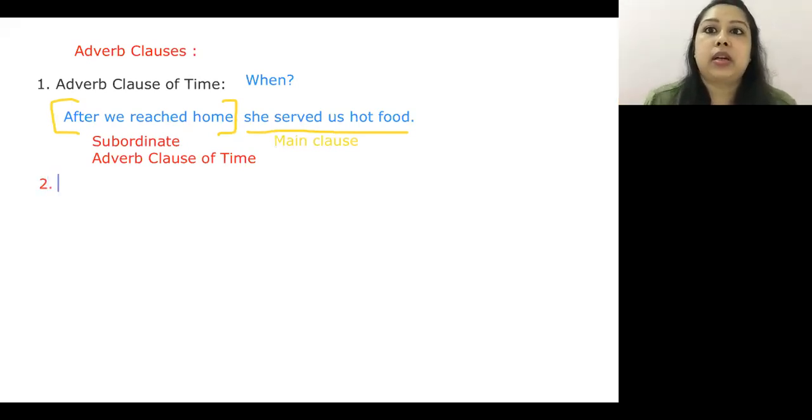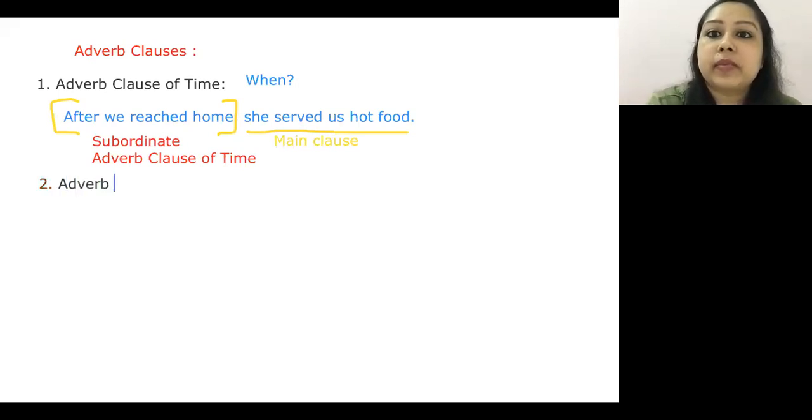Now, since we wrote time, we also have place. Adverb clause of place. And here, definitely, my question posed would be where. Place talks about where.